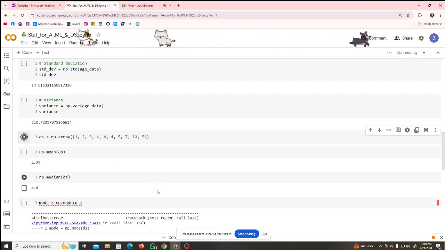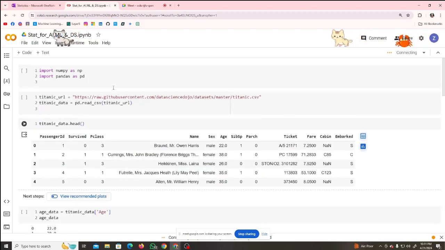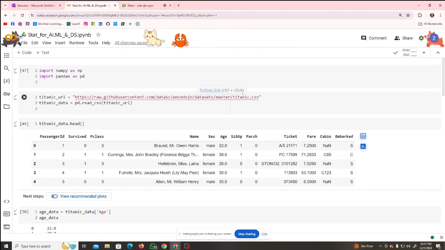Okay, so to use mean, median, mode in Python, firstly you have to import the NumPy and Pandas libraries, and you can use any other libraries. There are also more libraries, scikit-learn, then you have SciPy. All sorts of these libraries can help you find the measure of central tendency. Okay, firstly you have to import it.